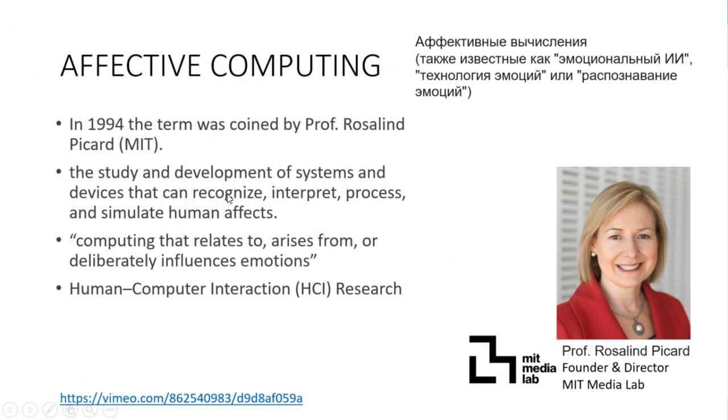All right, so affective computing is the study of systems and devices that can recognize, interpret, process, and simulate human affect. Now, affect is the key area. It has to do with how we feel things generally. People who are into neuroscience can explain it better for you.